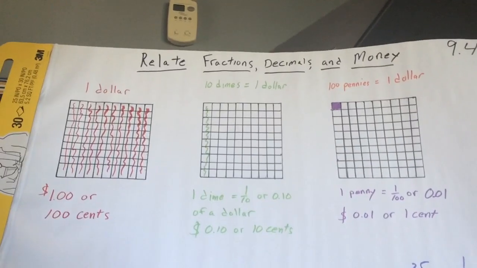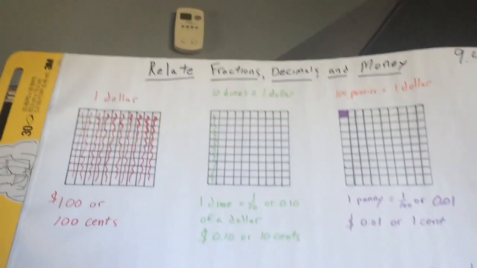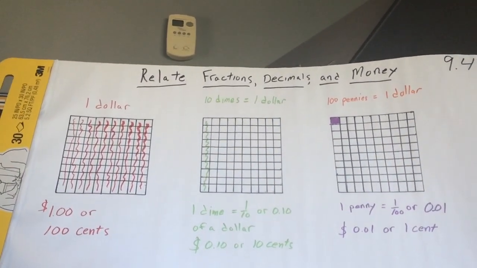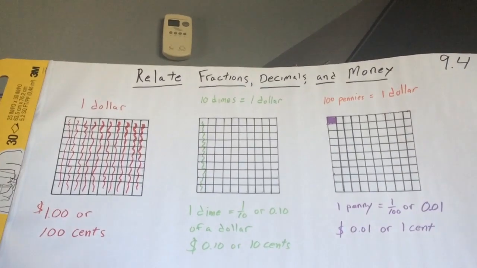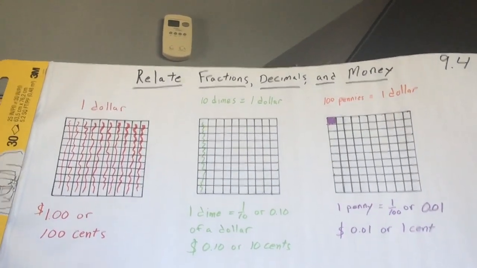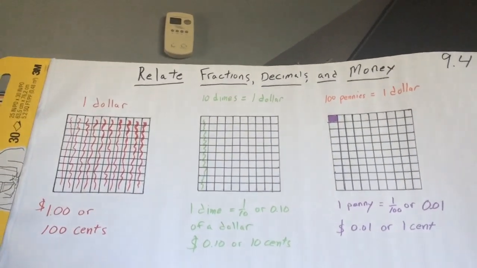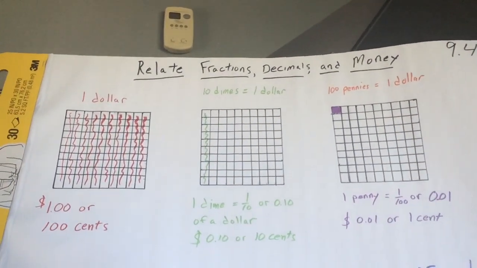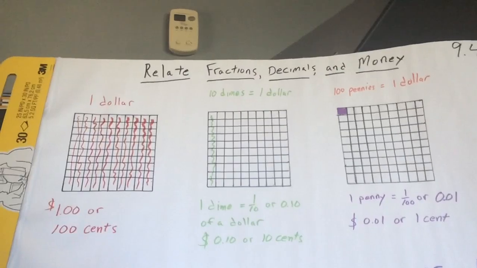But if you only have 1 dime, and as you notice, we only shaded in one column. 1 dime is 1/10, or as a decimal, 0.10 of a dollar. And that equals 10 hundredths or 10 cents.